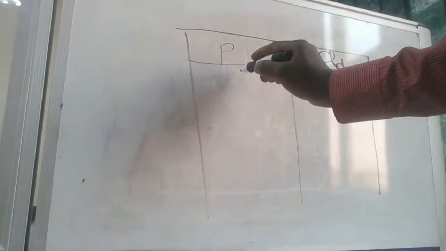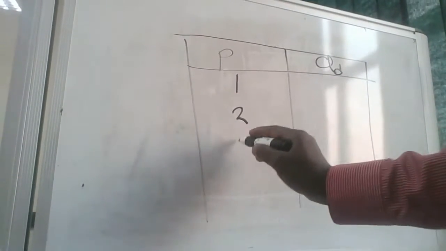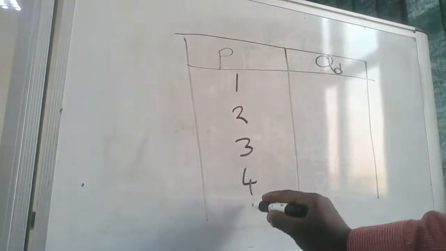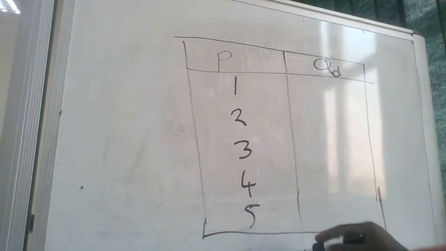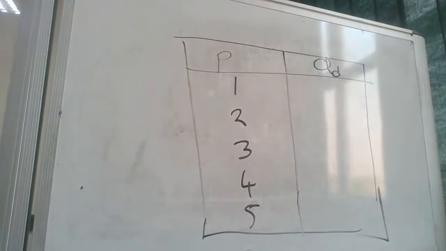Let's assume numbers here: 1, 2, 3, 4, and 5. Remember, we said that there is an inverse relationship between price and the quantity demanded of an item. To keep that relationship valid here, we need to also assume numbers which will be descending as you are moving.